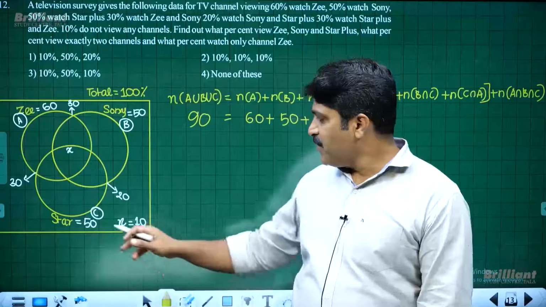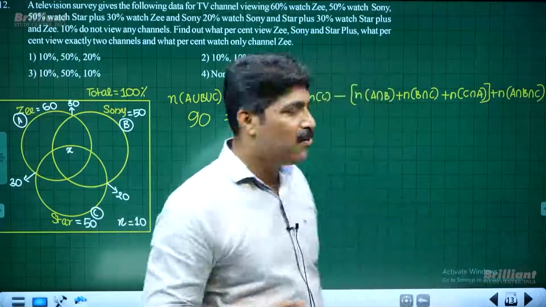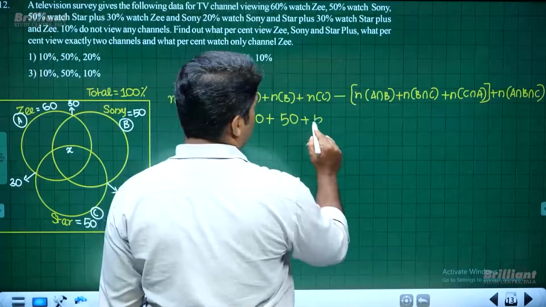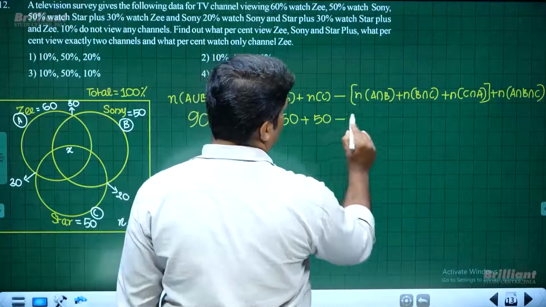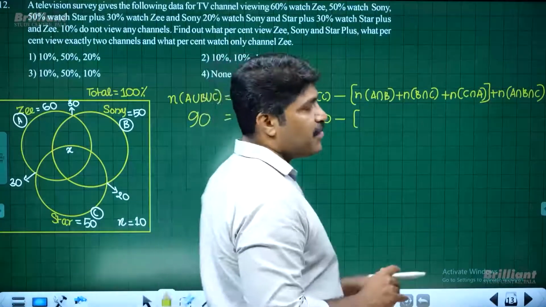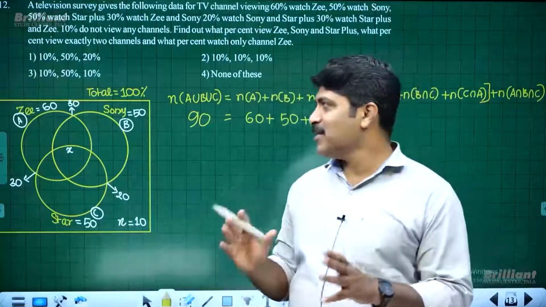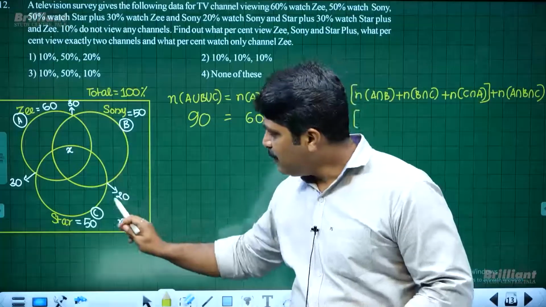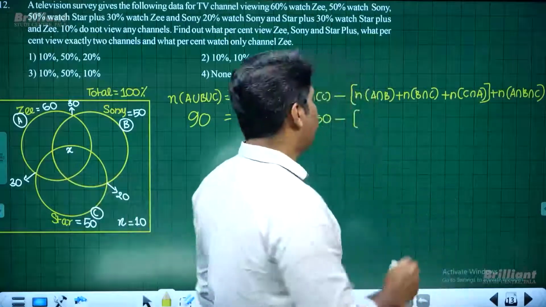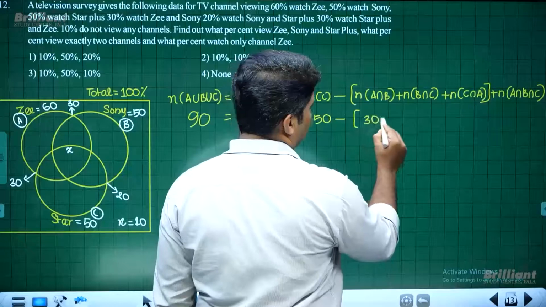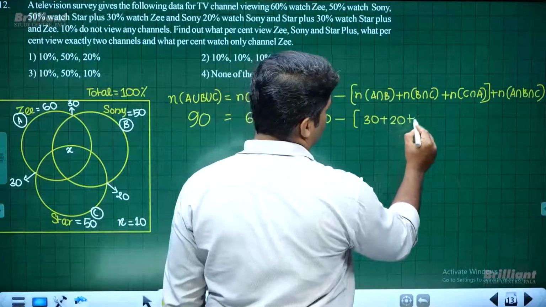So what is the number of viewers of Star Plus here? That's equal to 50. So this value is 50 minus the intersection regions. We have to consider what are the intersection regions: 30, 20 and 30. So therefore that is 30 plus 20 plus 30.